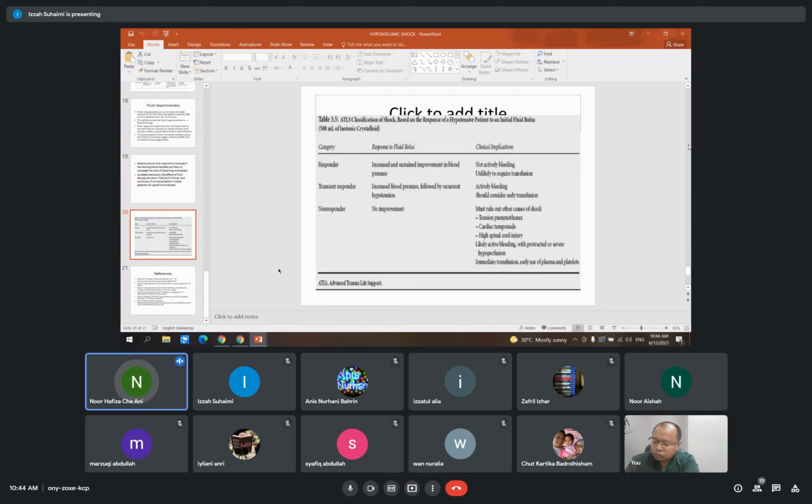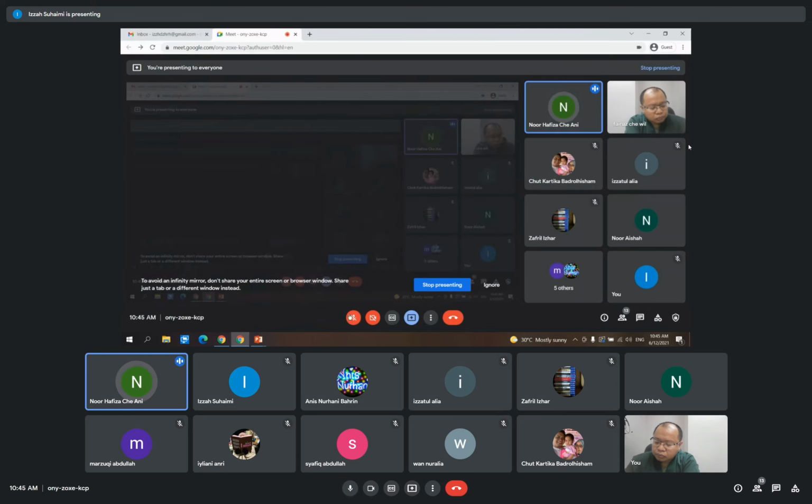So patient already in class 4 shock. So benda-benda ni jangan delay. Okay? Ingatkan ada kes minggu ni ada yang run full blood untuk UGIB patient dekat critical tu.